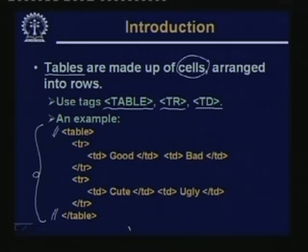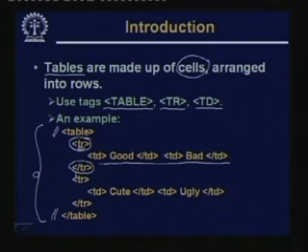This is the whole definition of the table. The tr tag stands for table row. So here the table row begins and here the table row ends, and whatever is in between, that entire thing, corresponds to the first row of the table.